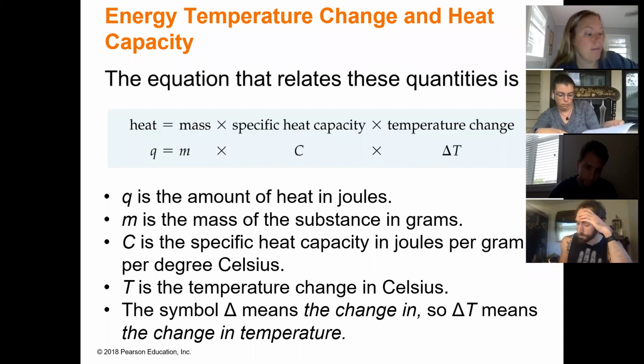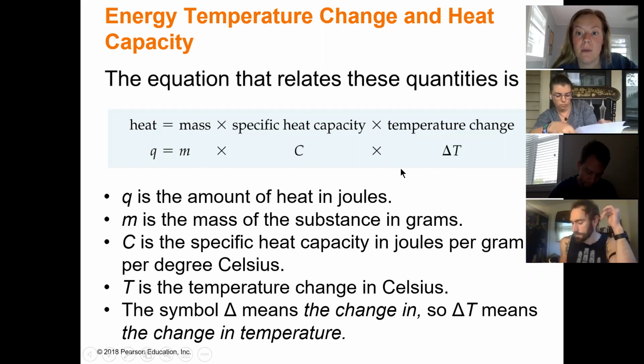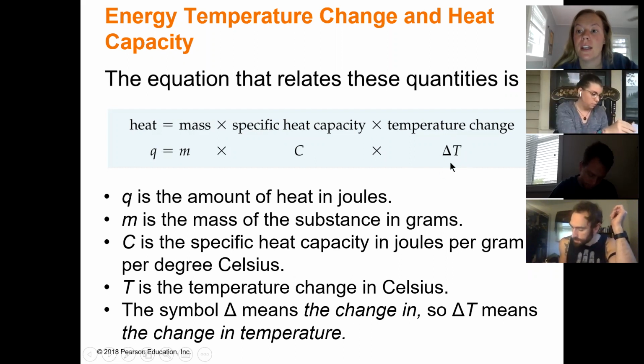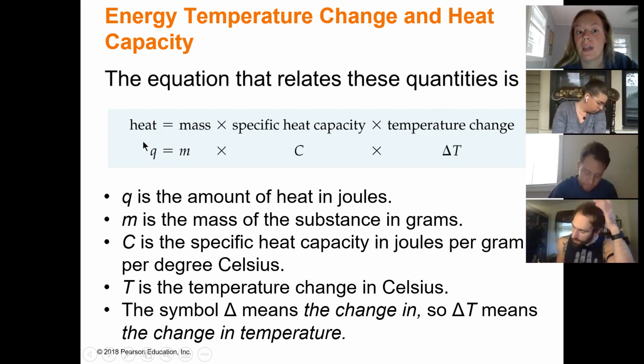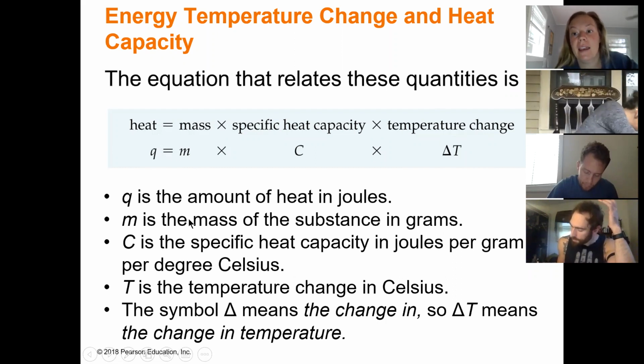Now that little delta symbol, that little triangle, means change in temperature. That means your final temperature minus your initial temperature. So if you're going up in temperature, this number will be positive. If you're going down in temperature, this number will be negative, so Q can be positive or negative. If Q is positive, you're dealing with an endothermic reaction. If it's negative, you're dealing with an exothermic reaction.